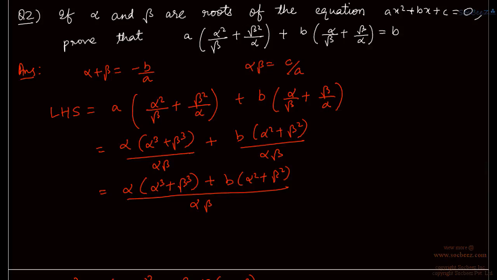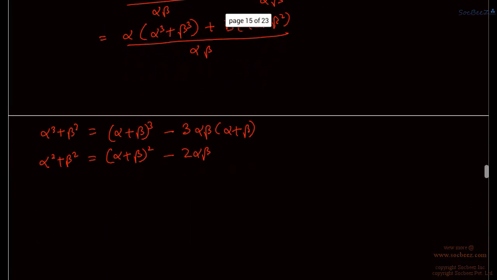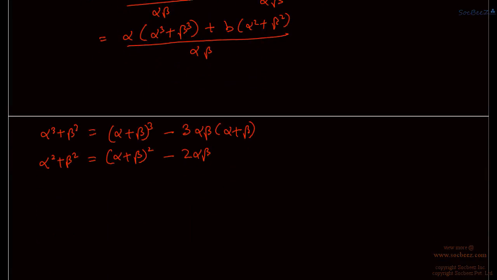So LHS here will be a times, now what is alpha cube plus beta cube? It is alpha plus beta whole cube minus 3 alpha beta, alpha plus beta, plus, oh sorry, it's not alpha here, it's a here, right?